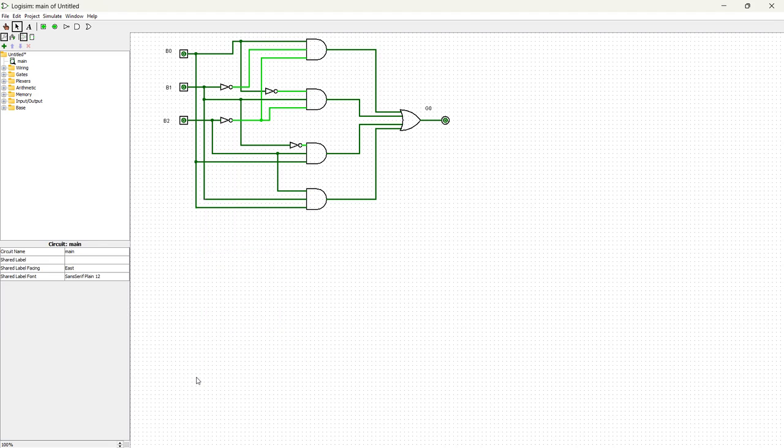So 35 you already completed, right? Okay. So I hope now you are familiar with the Logisim tools, right?